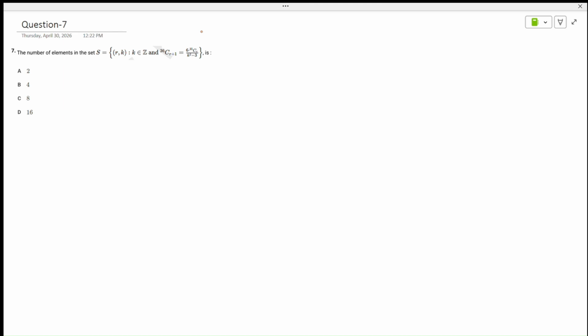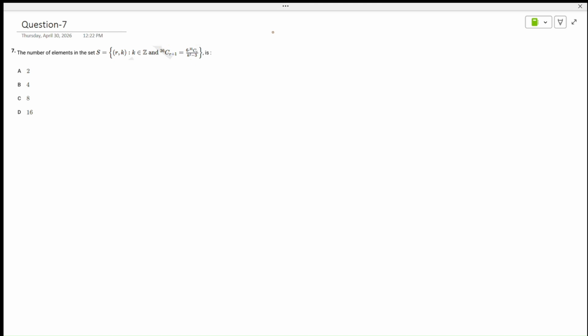Okay, now look at this question. The number of elements in the set S, which is ordered pair (r, k) belongs to integers, and r and k both should satisfy this equation.